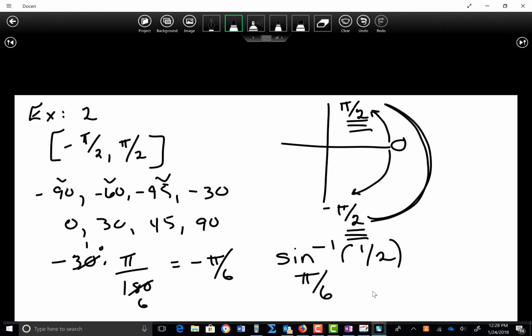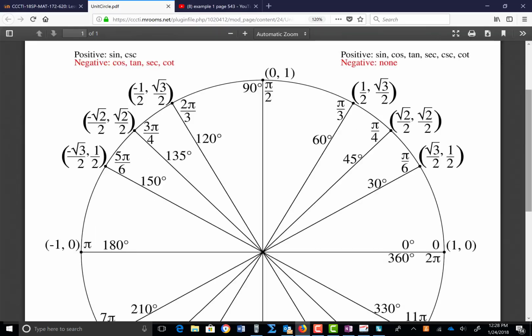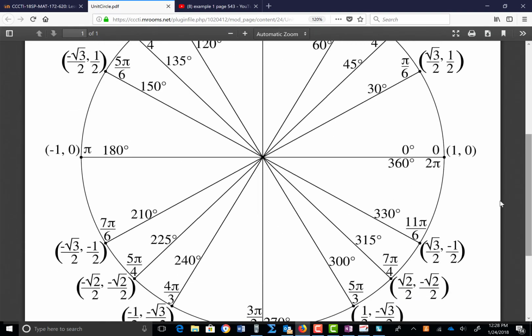That's the difference in these two. If I put a negative on it, it makes that one negative simply because that's the only one on the unit circle. Go back and look at it. That has a negative y value, and it wants the acute angles. So this would be negative 30 degrees, which would be negative pi over 6. So that's example 2a on page 543.